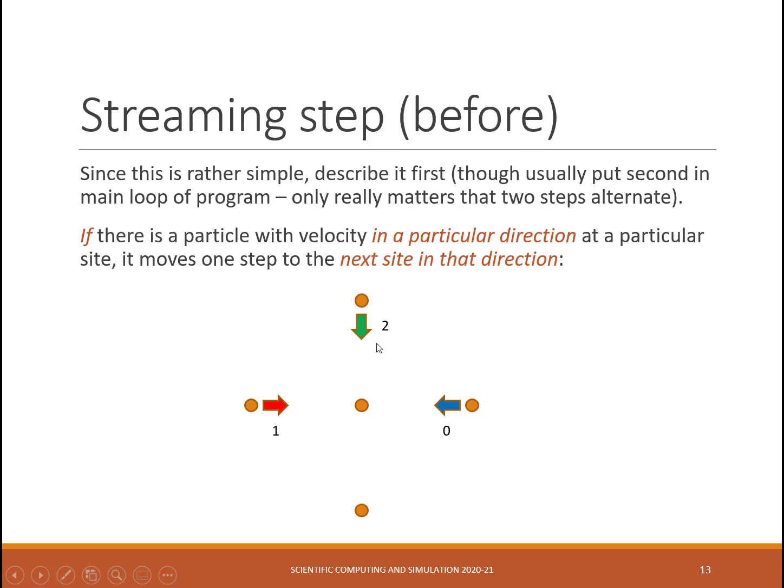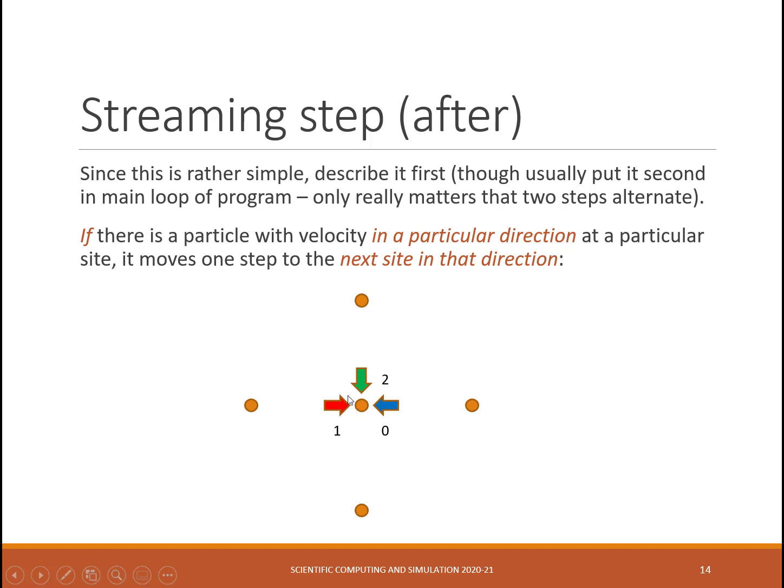After applying the streaming step, each particle goes forward one step to the next site or cell. In the streaming step, the state of particles doesn't change. In other words, the velocity of particles remains unchanged after this step.